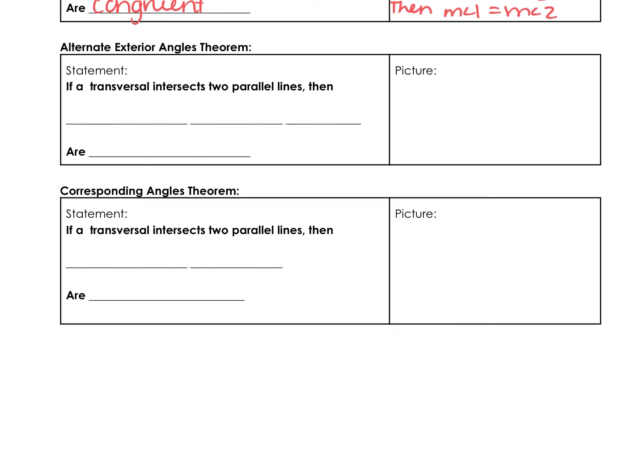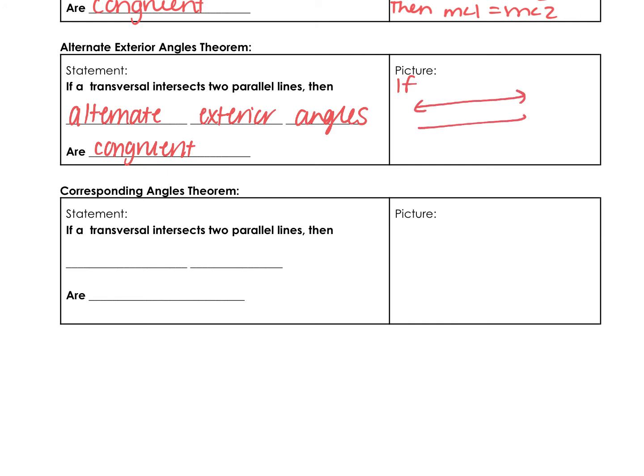The alternate exterior angles theorem says if a transversal intersects two parallel lines, then alternate exterior angles are congruent. Here, let's say we have two parallel lines cut by a transversal, and this time we have alternate exterior angles.